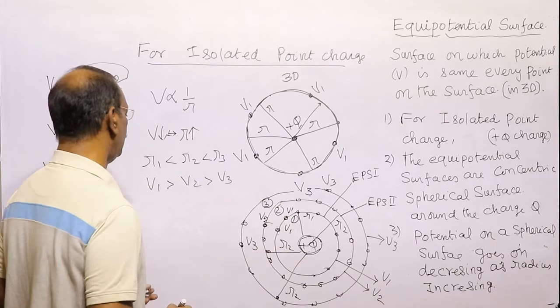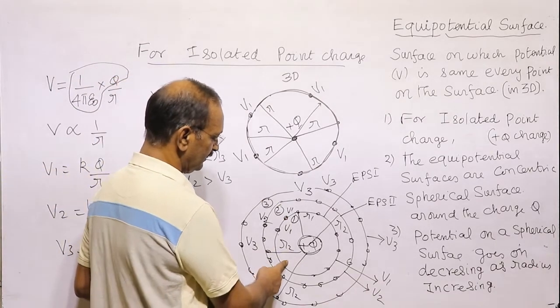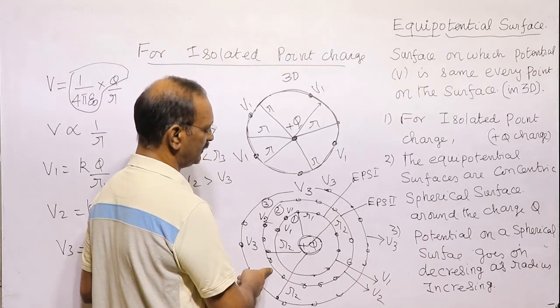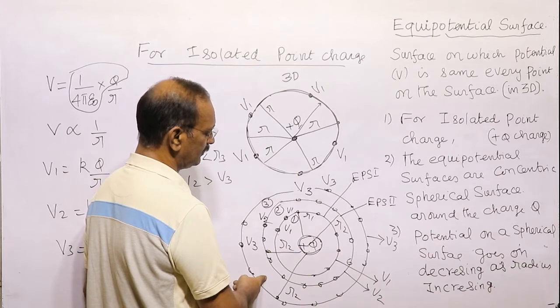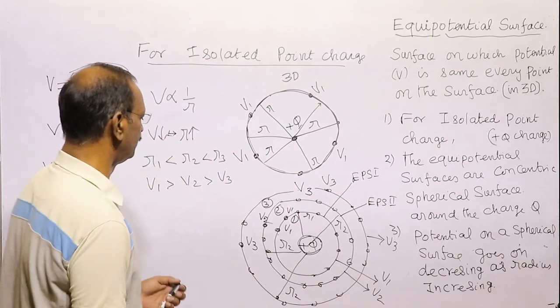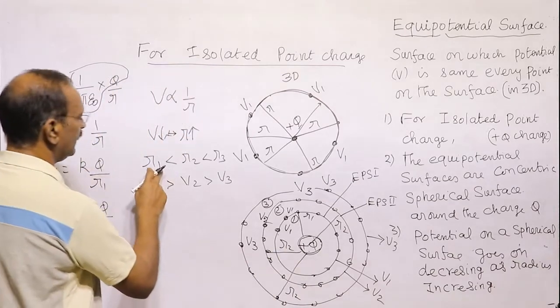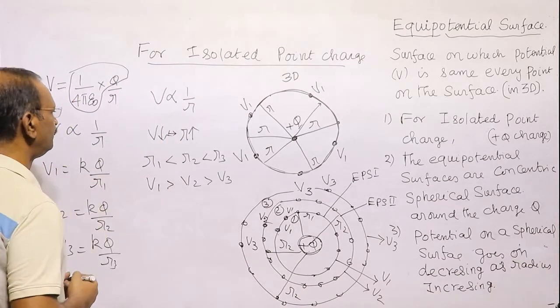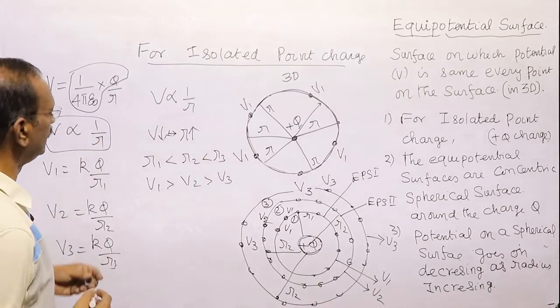In this case, the potential on surface 1 cannot be equal to the potential on equipotential surface 2, and this is not equal to the potential on equipotential surface 3. As R is increasing, potential will be decreasing according to this relation.